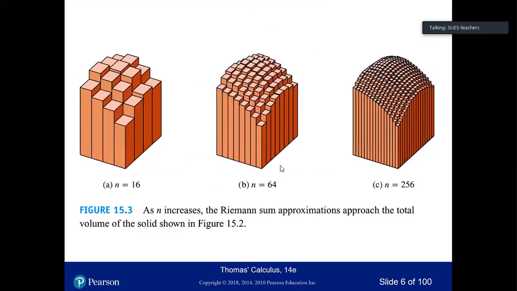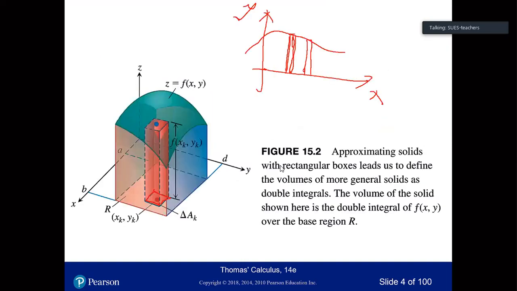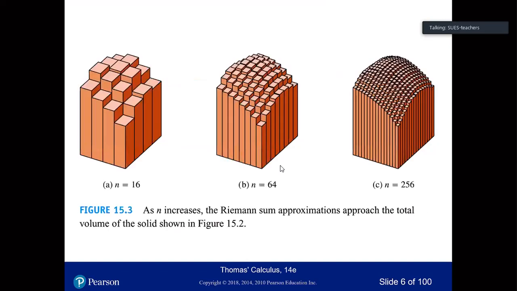What we can see here is that we are using the average value of z to approximate how the surface looks. When we are using 16 rectangular boxes, the surface looks like this. When we make it 64 rectangular boxes, it looks this way.